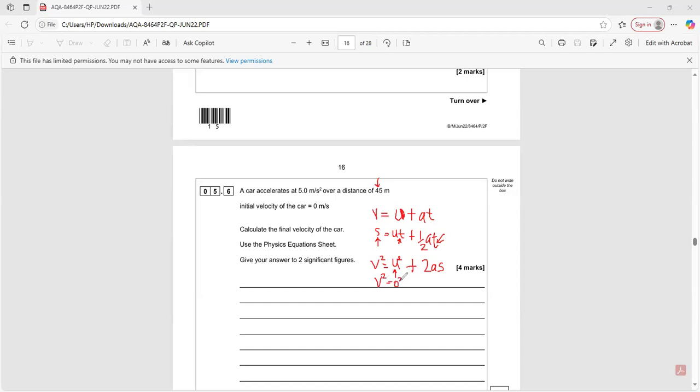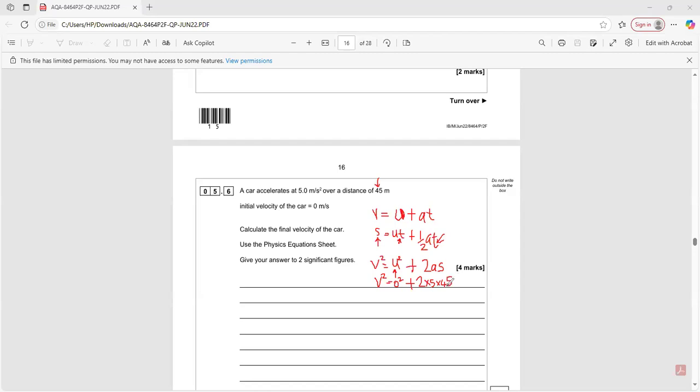So 0 squared plus 2AS. The A is the acceleration, which is 5.0, as good as 5. The S is the distance covered, which is 45.